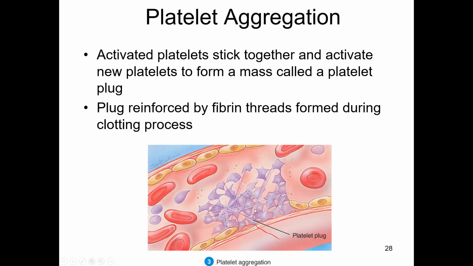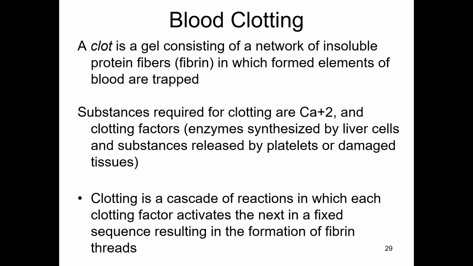Where these fibrin threads come from, this is the next set of events. And so let's take a look at what is called a clot formation. So blood clotting is the process by which fibrin, sticky fibers, are created inside our bloodstream.